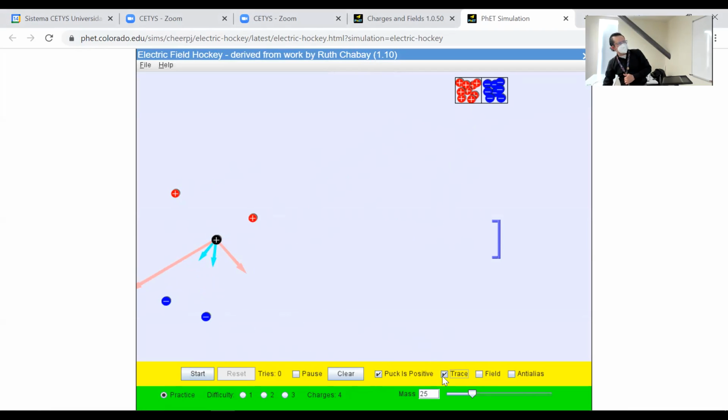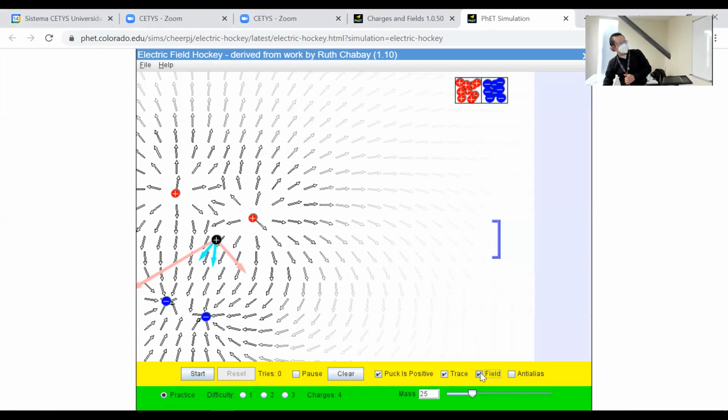There are some options here, one that says trace, another one that says field. I can see the electrical fields there if I want. When I click start, imagine that the black point isn't there, but the rest of the charges are, and they're not moving, they're fixed.